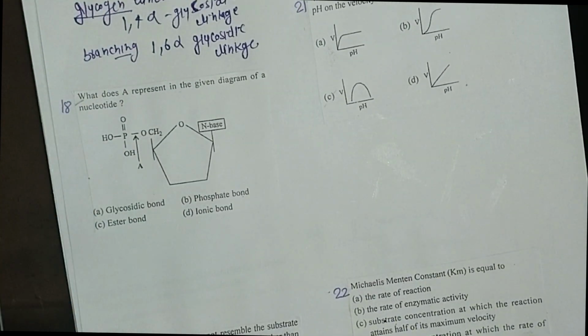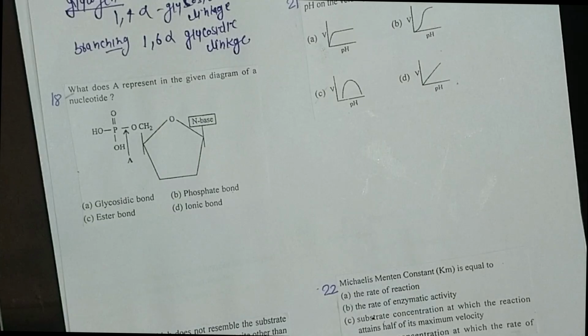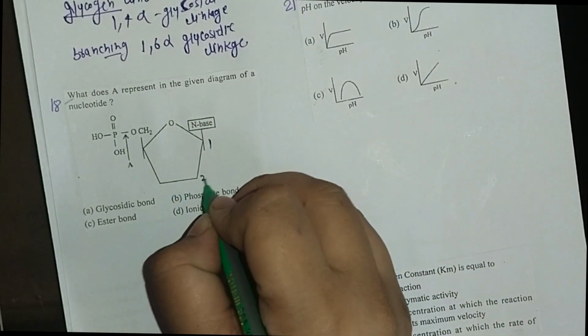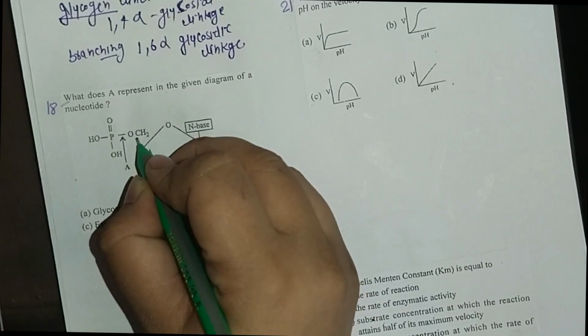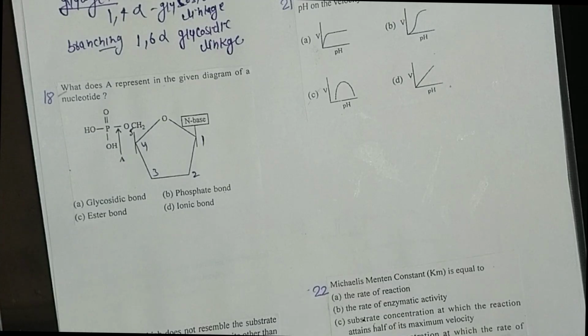What does A represent? See, we have studied the structure of adenosine triphosphate. This is ATP. This is the first carbon, second, third, fourth and fifth. The pentose sugar is bound with one side to the nitrogenous base and to the other side to the phosphoric acid.